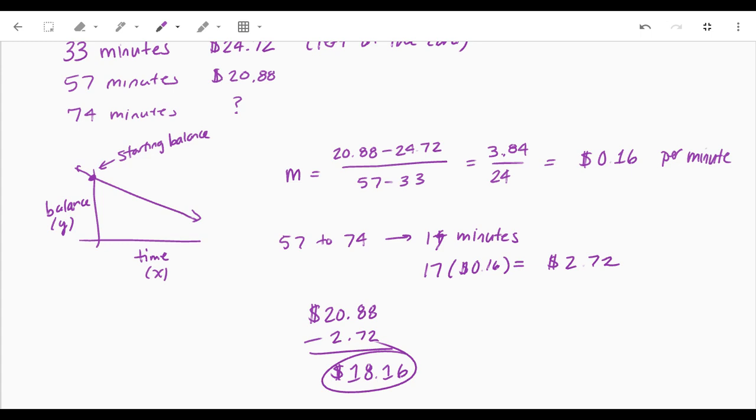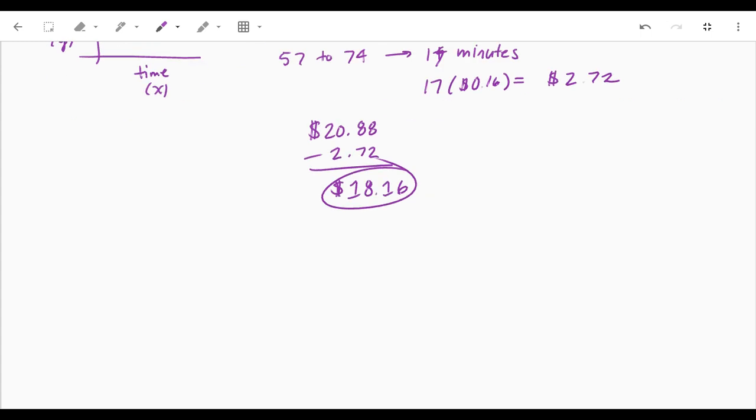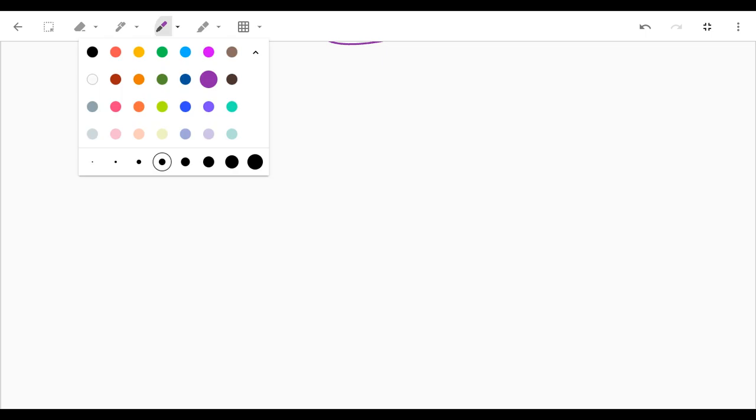Okay, moving on to something a little bit different here. We're going to graph some absolute value equations. And we did this in Algebra 2, so it should be a nice little review.